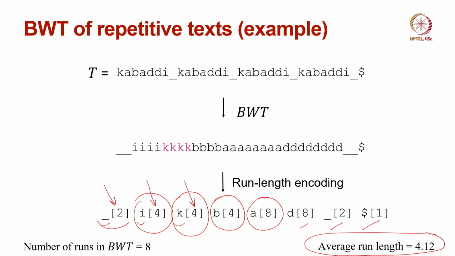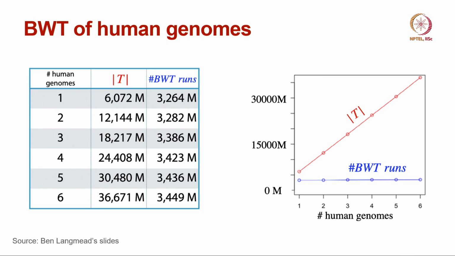Okay. So far we have looked at either the English document or this example kabaddi, kabaddi, kabaddi, kabaddi. What about biological examples? Here is one. If you build the Burrows-Wheeler transform of the human genome, so for example, let us say we take one human genome, and if you count both the father's and mother's copy of the genome, then it will be 6 billion bases.